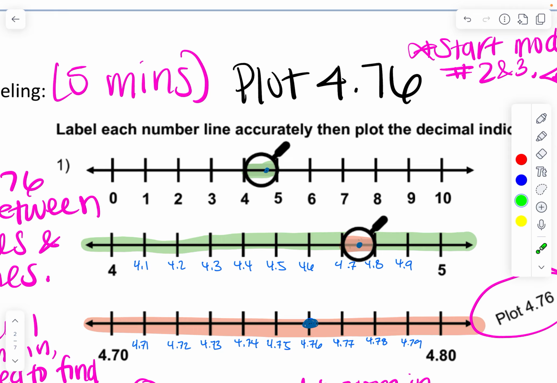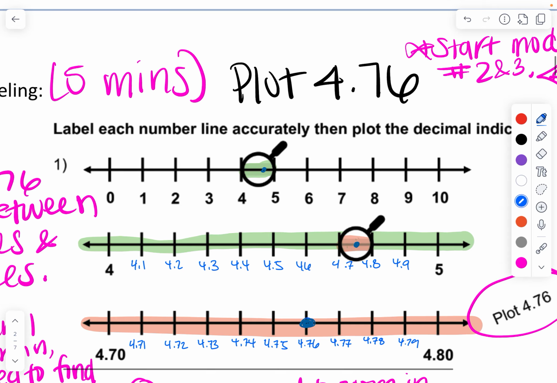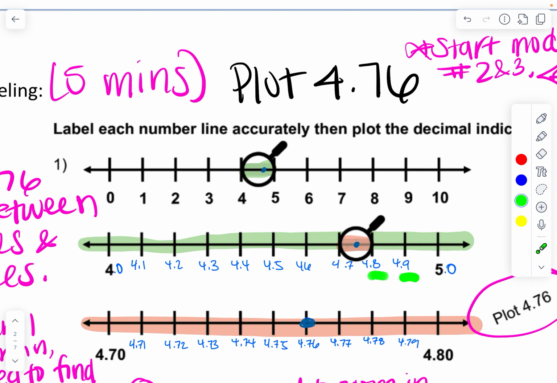Okay, and again, if it is helpful, because we are in the tenths place, have students write, instead of 4, have them write 4.0 or 4 and 0 tenths, 5 and 0 tenths, okay? So that should help students figure out from there how to number their number line. So we have 4.0, 4.1, 4.2, 4.3, 4.4, 4.5, 4.6, 4.7, 4.8, 4.9, 5.